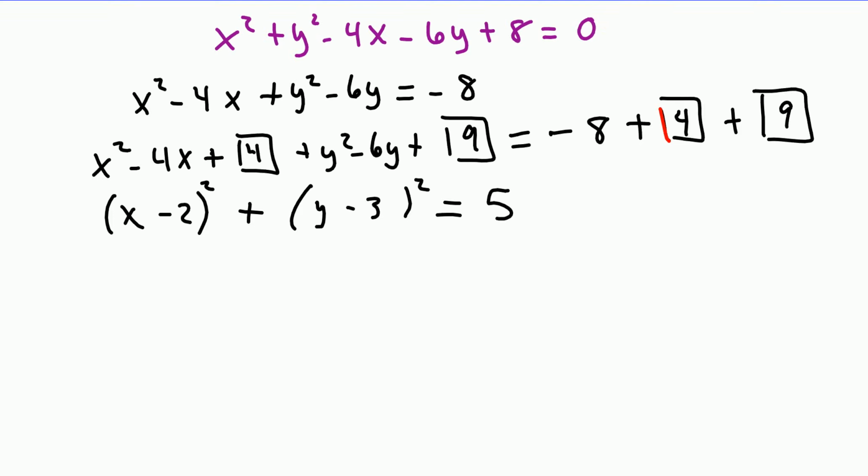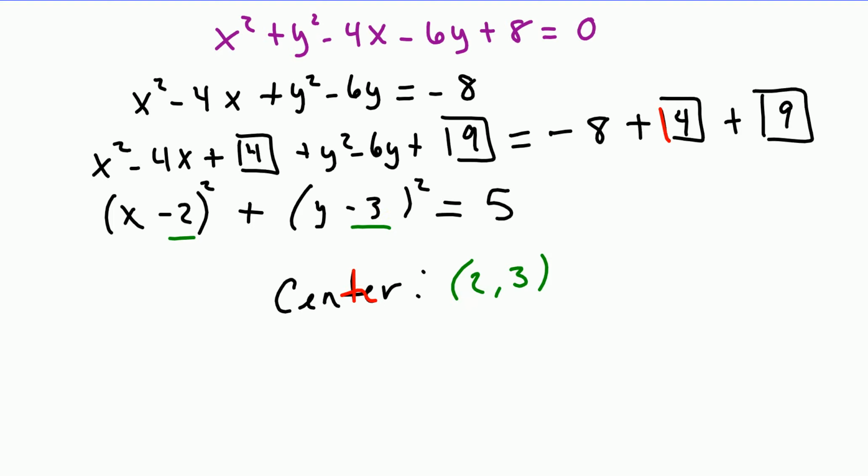Well, now that I have it in standard form, I should be able to look at it and say what it is. So center, 2, 3. Remember, they were negative here, but in my center, they were positive.